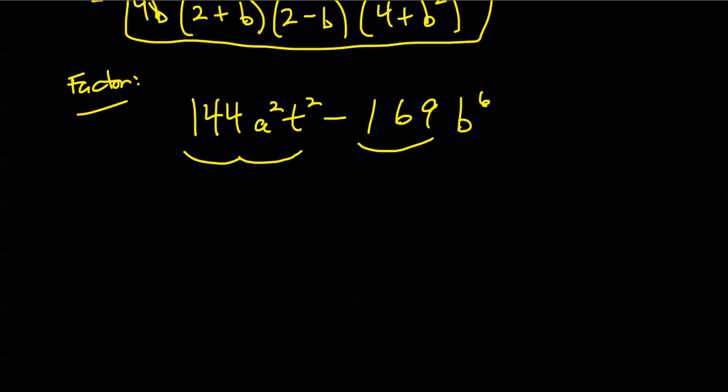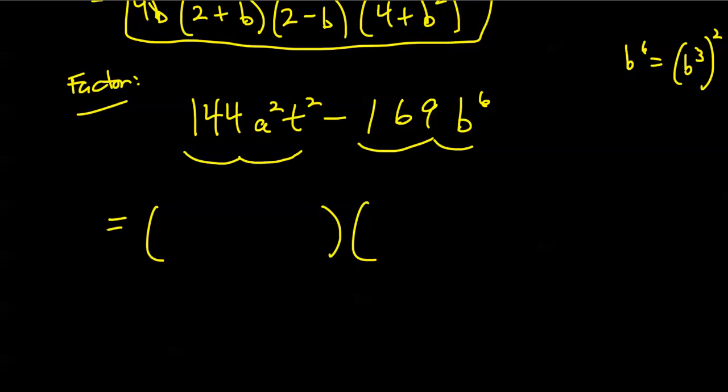It's 13 squared. And b to the sixth, I can really view as b cubed squared, could I not? Alright, so I can look at this binomial difference as a difference of two squares. I'll need 12at in the first slots.